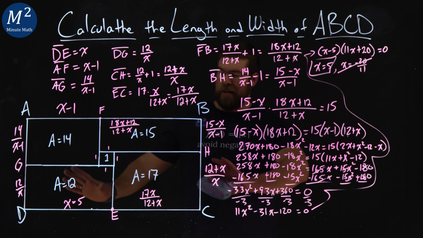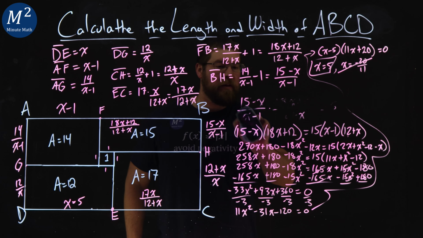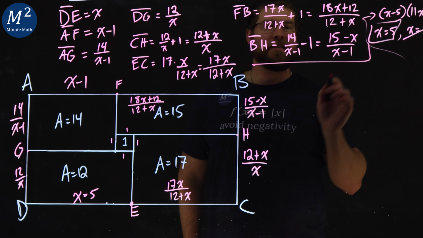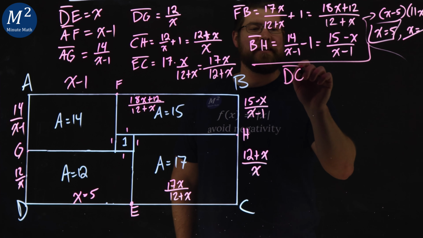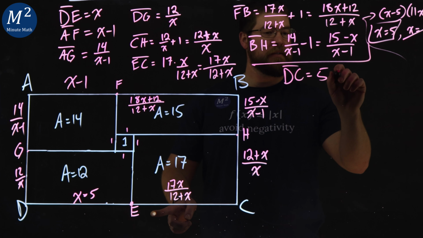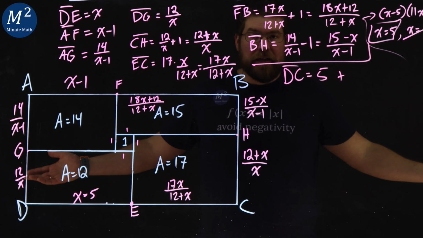You know what? We got a lot of space here I needed to write. I'm going to erase this now. So bear with me. All right, more space to work. DC, that is the length of DE, which is 5, plus EC, which is 17x over 12 plus x, and x is equal to 5.